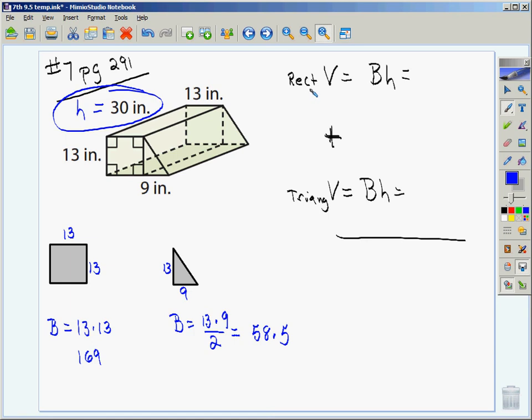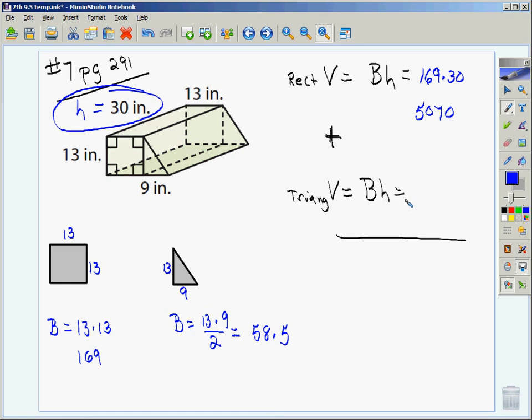Now I can find the volume of my rectangular prism. I can find the volume of my triangular prism. And I can find the volume of the overall by adding them together. What do I put in for my base on my rectangle? 169 times the height, which was 30, 5,070.